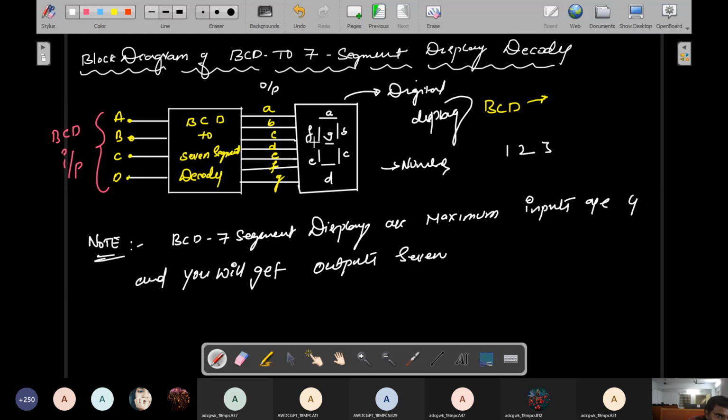If you want 3, then A, B, C, D, G will be activated, and E, F deactivated. If you want 4, and so on. So every time the number appears in the output, and according to this number the display segments will be activated or deactivated. Is everyone clear?